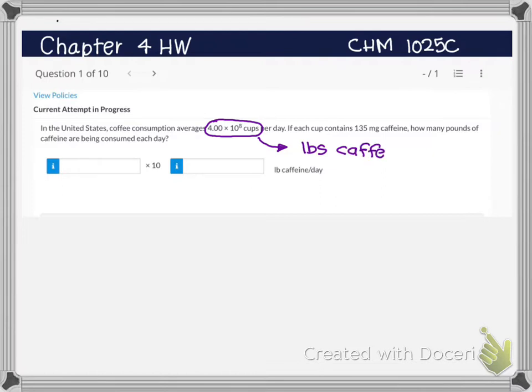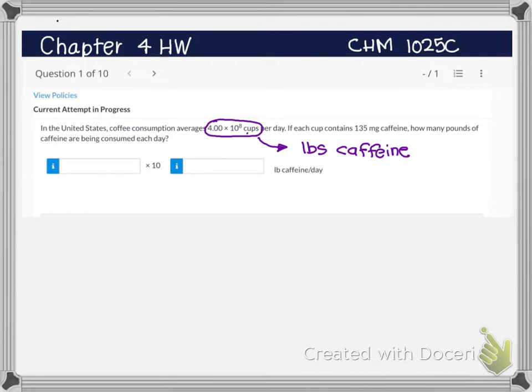All right, and now one thing I want to clarify here, the cups they're talking about are not measuring cups. It's like a cup of coffee, and I think officially 1 cup of coffee is 6 ounces. But we really don't need to know that to solve the problem because they give us the information to connect cups of coffee to the pounds of caffeine.